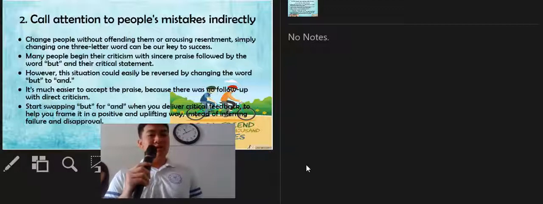However, this situation could easily be reversed by changing the word but to and. It's much easier to accept praise because there is no follow-up with direct criticism. Start swapping but for and when you deliver critical feedback, to help you frame it in a positive and uplifting way instead of implying failure or disapproval.